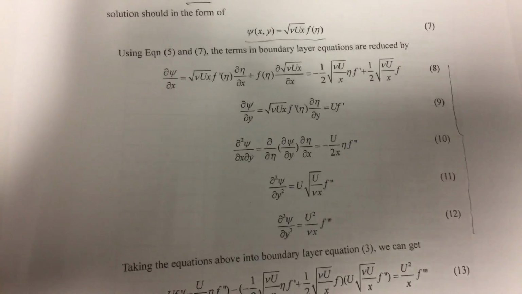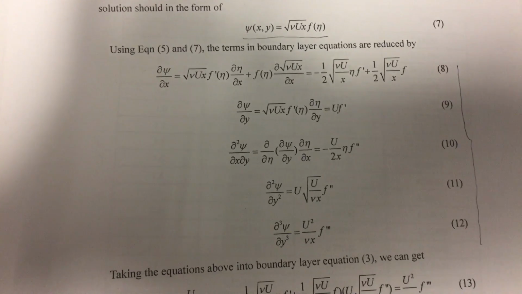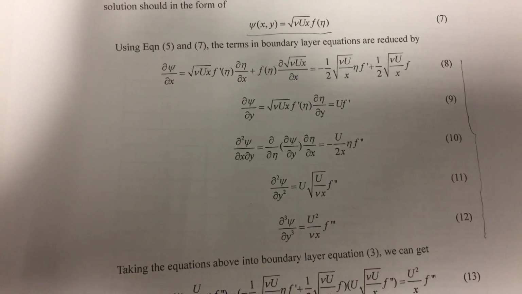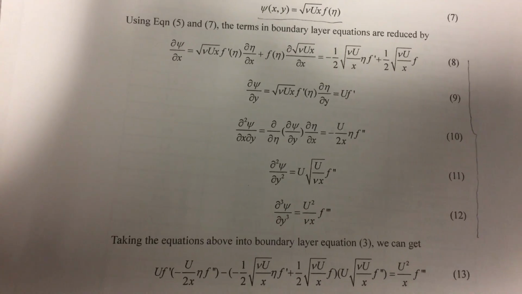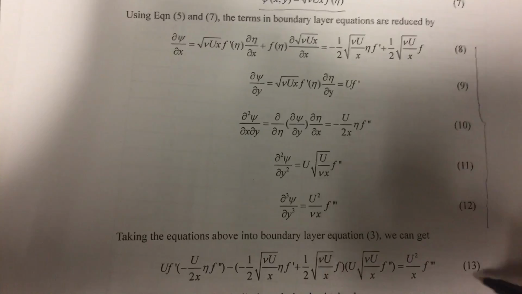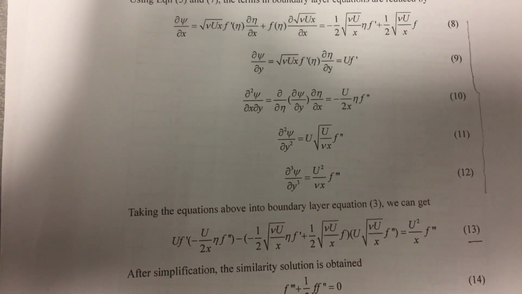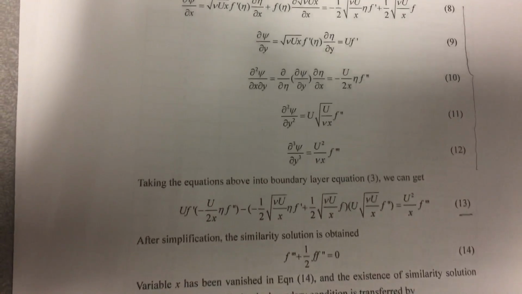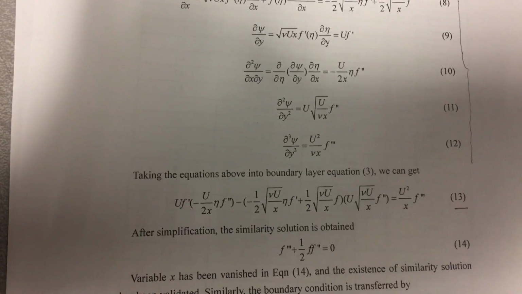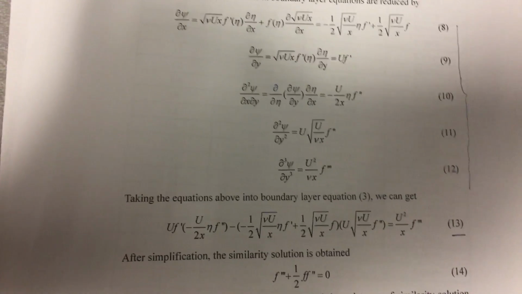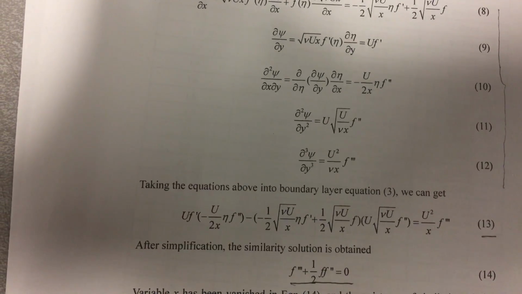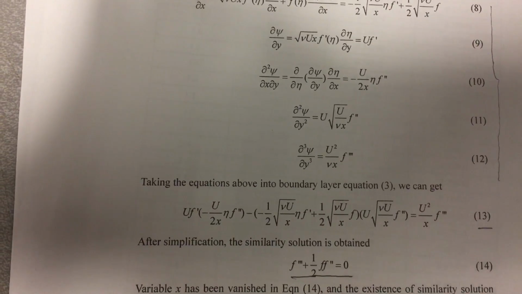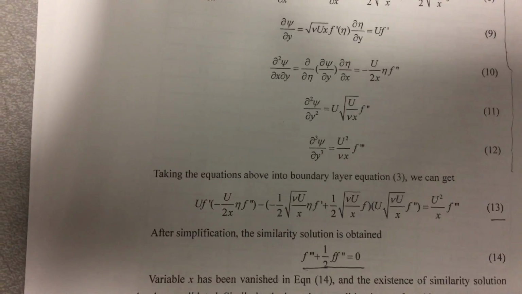Okay, so after that, taking the equation above into boundary layer equation 3, we can get this one, expression 13, and after simplification, the similarity solution is obtained from this one. So the variable x has vanished in equation 4, and the existence of similarity solutions has been validated.